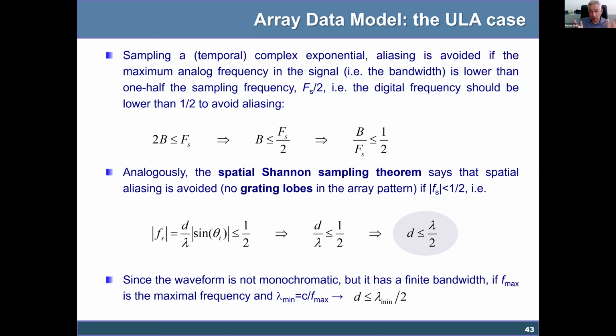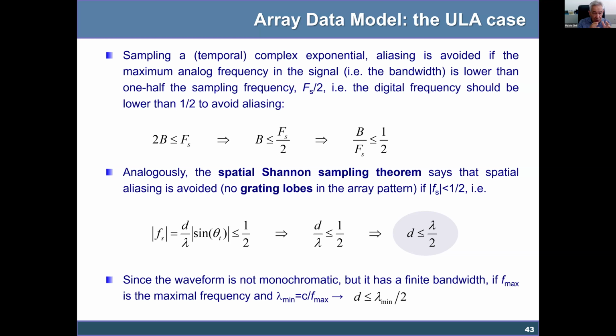Now, think of the Shannon sampling theorem, if you remember. The condition that guarantees that when you sample you don't lose information is that the sampling frequency, Fs, is at least twice the bandwidth of the signal.